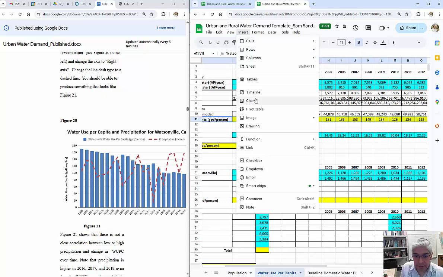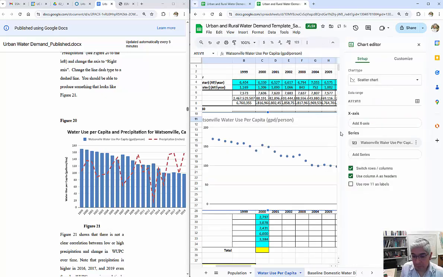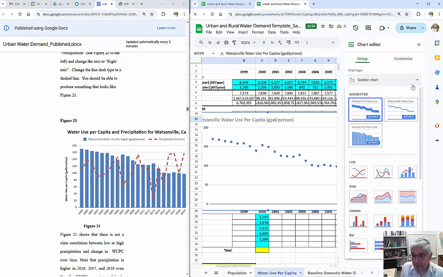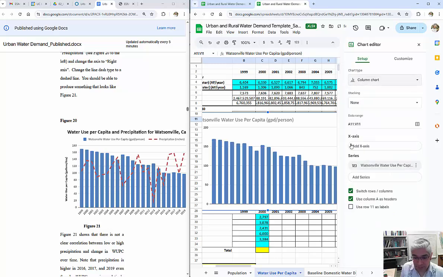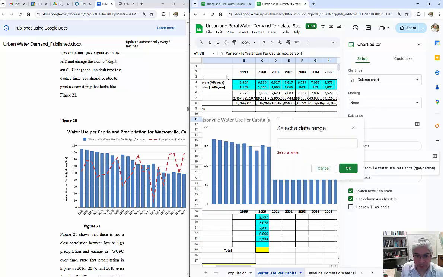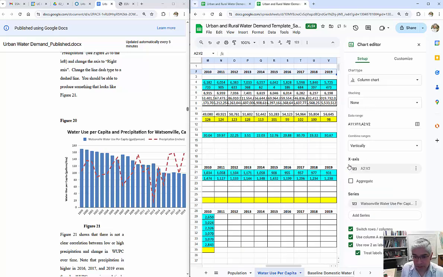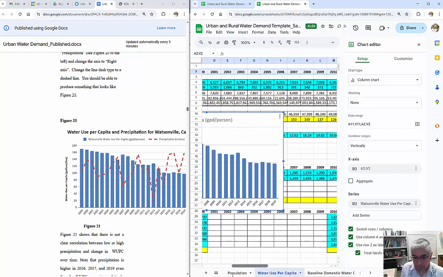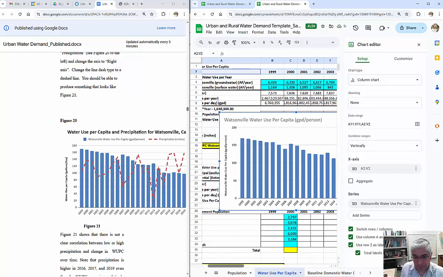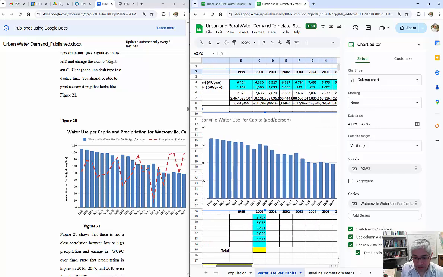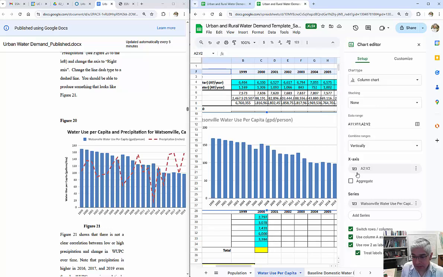Insert chart, and then in here I'm going to use this. For the X series I'm going to use this. You can see that now everything is lining up.